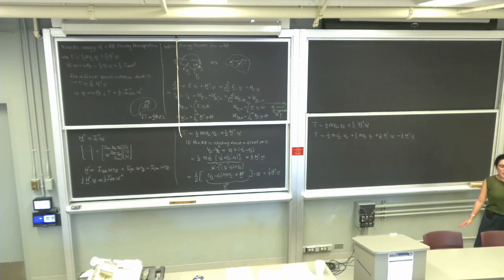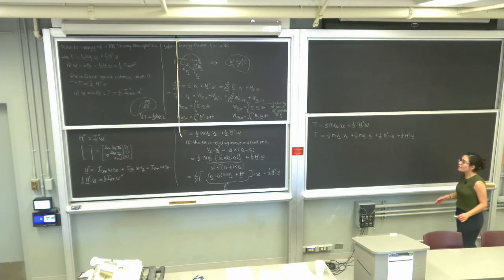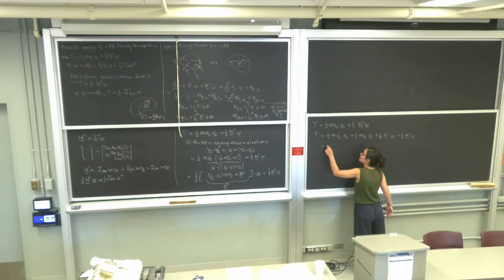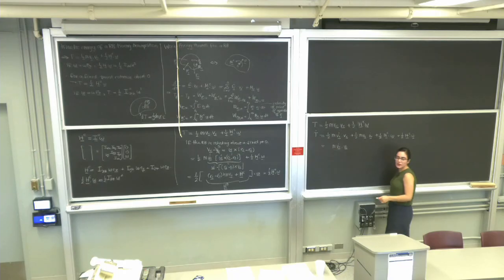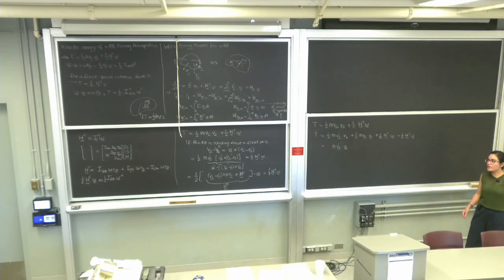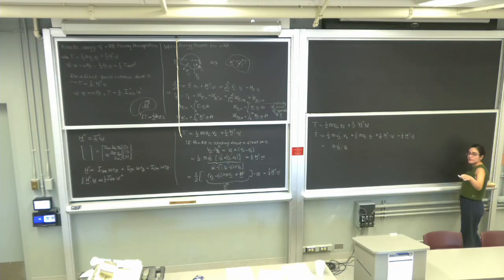The first two terms, can I do anything with them? I can combine them, and I'll get m v_C dot dot v_C. And what is this v_C dot term equal to from the balance laws? Right, exactly, from the balance of linear momentum.